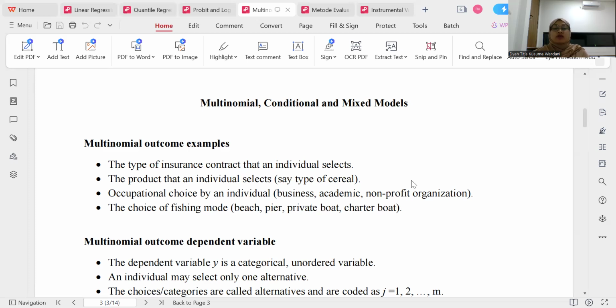The choice of fishing mode, like beach, pier, private boat, and charter boat.